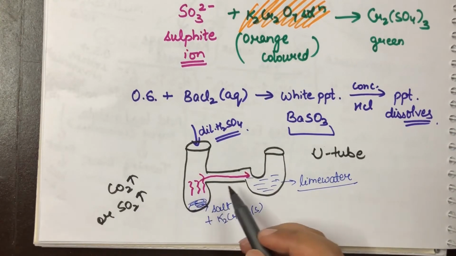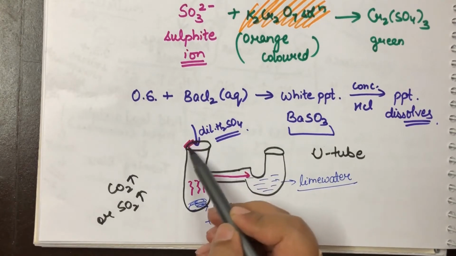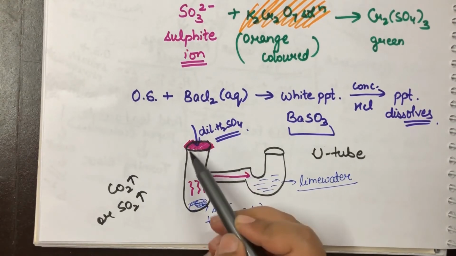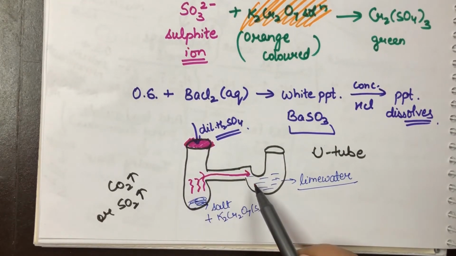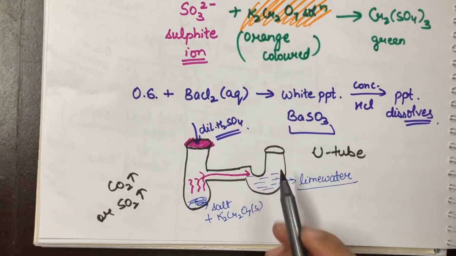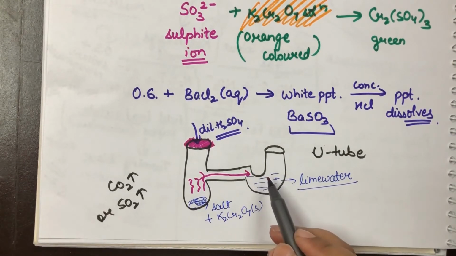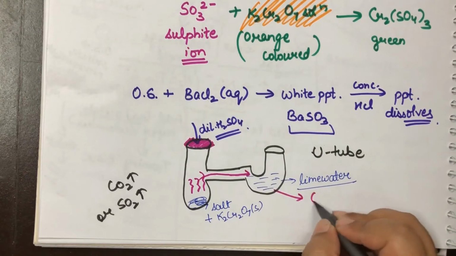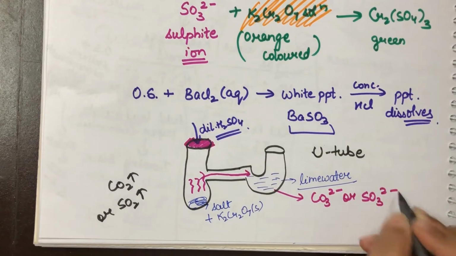So as soon as you add dilute H2SO4, we'll put our thumb here. I'll block it from here so that the gases do not escape out from here. The gases have to travel to this side to meet lime water. So all the gases will travel to the lime water, and if it turns milky, it could be either your carbonate ion or your sulfite ion present, right?